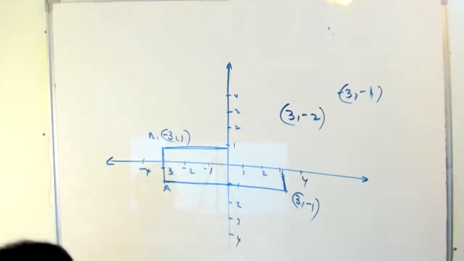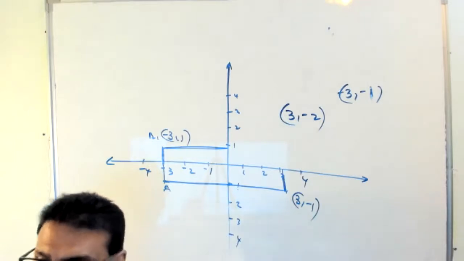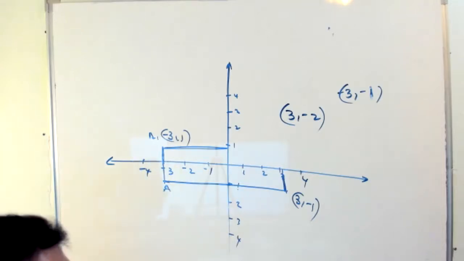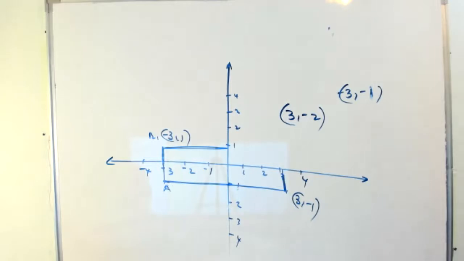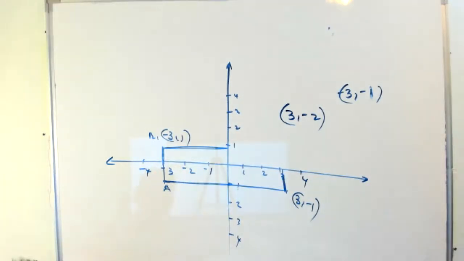Write the mirror image of 3, minus 2 with respect to x-axis and y-axis.